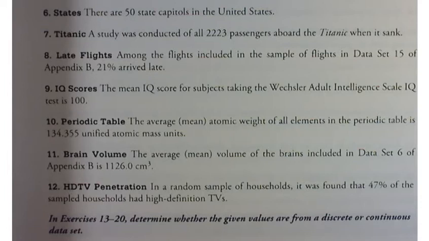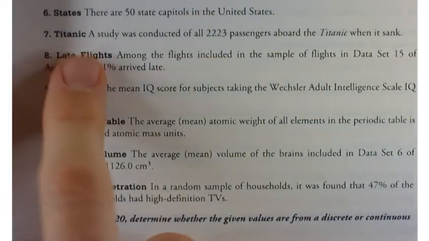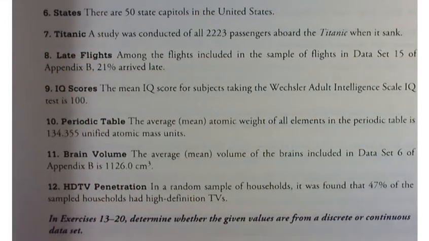So we'll start with number 6. There are 50 state capitals in the United States. So 50, is that a statistic or a parameter? Parameter, because that's all of them, right? Problem number 8. Among the flights included in the sample of flight data in data set 15 of Appendix B, 21% arrived late.